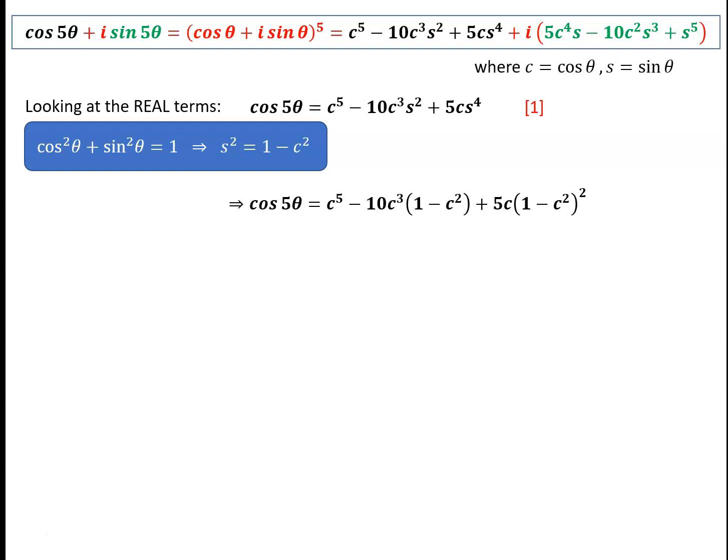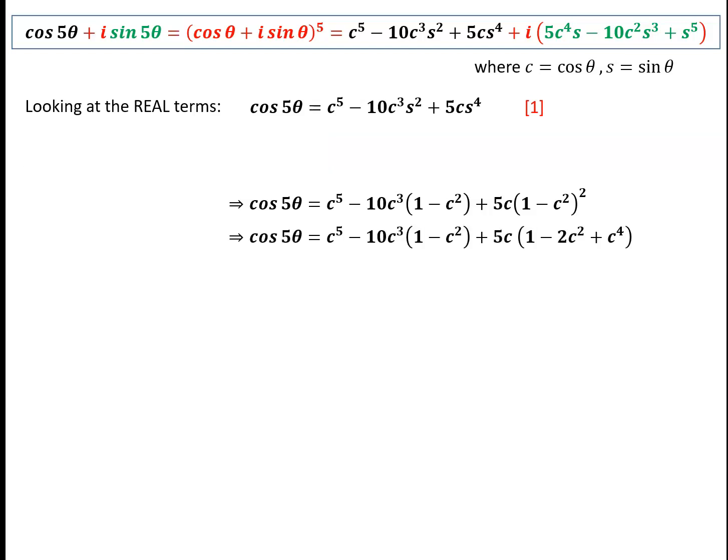So we've got cos 5 theta can be rewritten as c to the 5 minus 10 c cubed times, not s squared but 1 minus c squared, plus 5c. Now s to the 4 is the same thing as s squared squared, so that's the same thing as (1 minus c squared) squared.